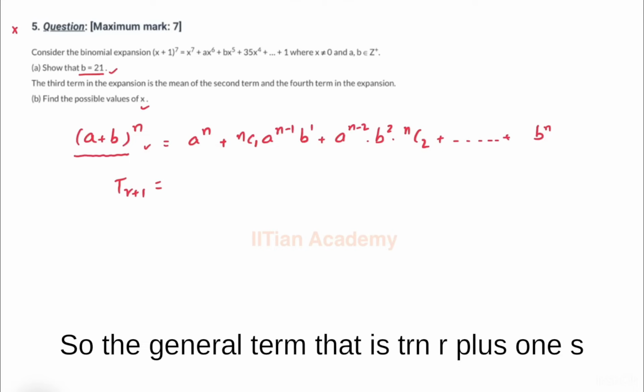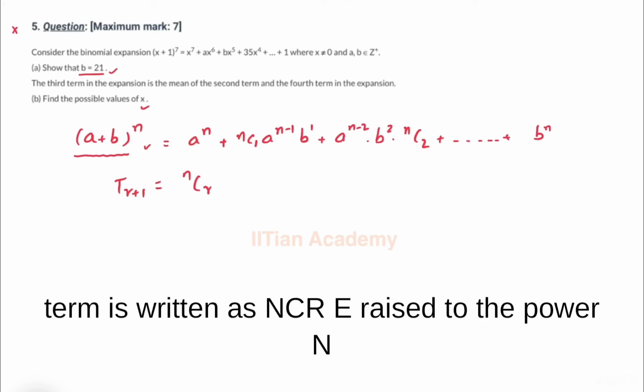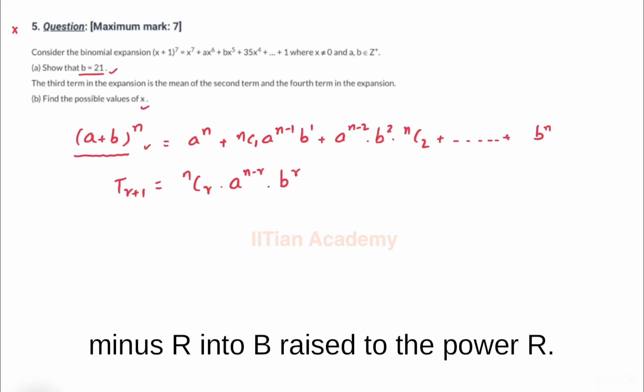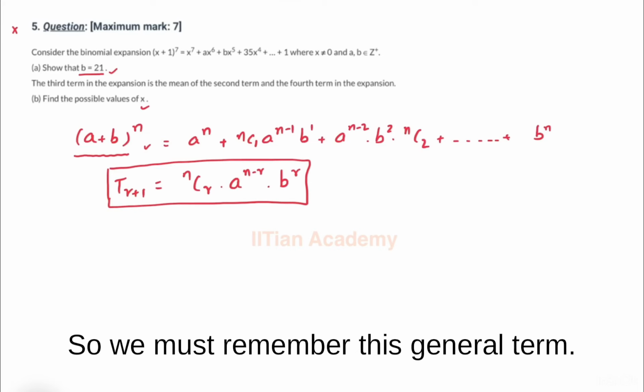So the general term, that is the (r+1)th term, T(r+1), is written as nCr a^(n-r) b^r. So we must remember this general term.